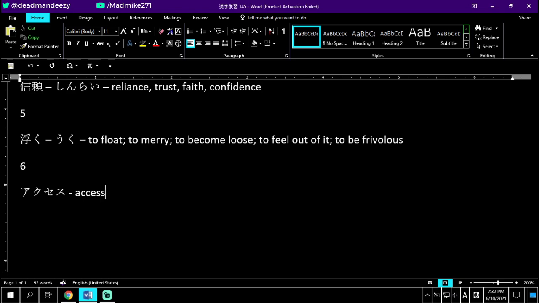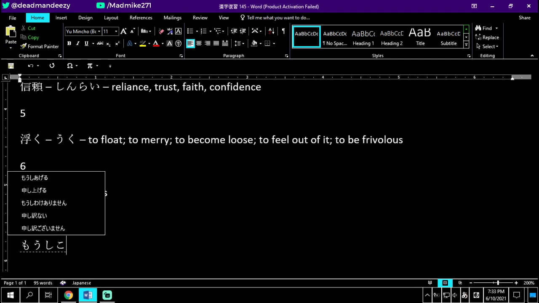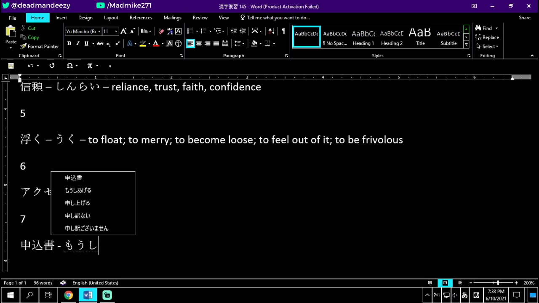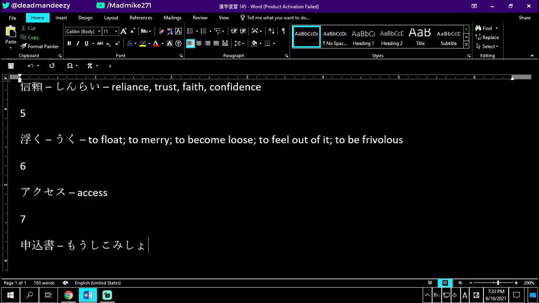Access is 6番。7番。Number 7。7番。同僚。申し込み書。申し込み書 is an application form or a written application.